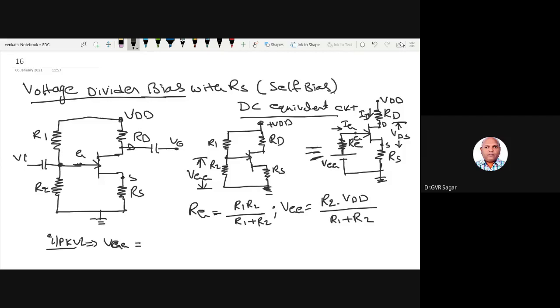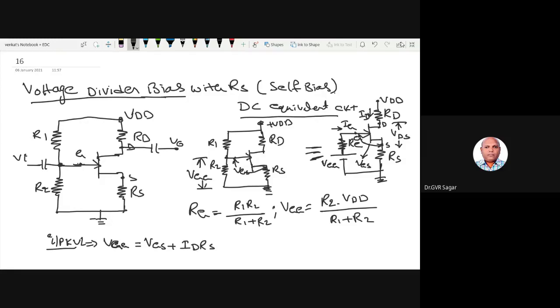This voltage is called VGS. So VGG is equal to VGS plus ID into RS. Is it right?